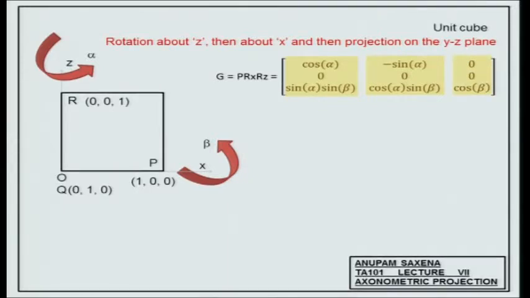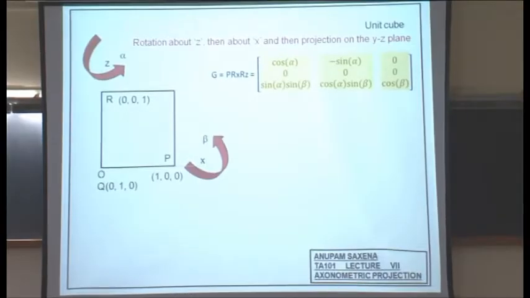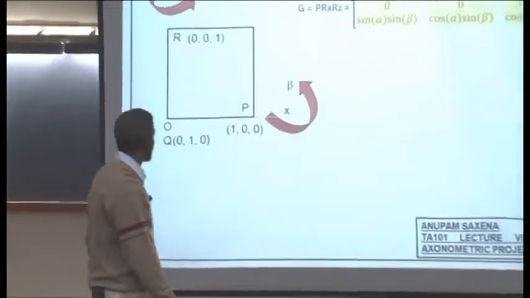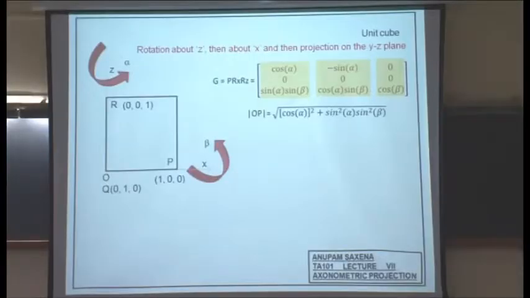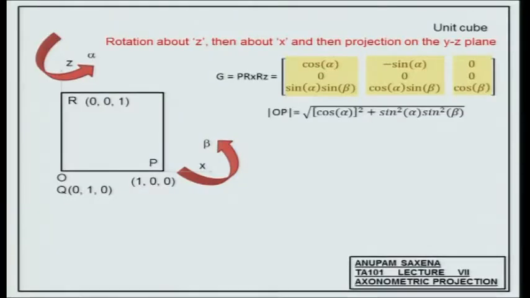If I ask you what the new length of OP is, what would you have to say? New length of OP? X squared plus y squared plus z squared: cosine alpha squared plus sine alpha squared times sine beta squared.